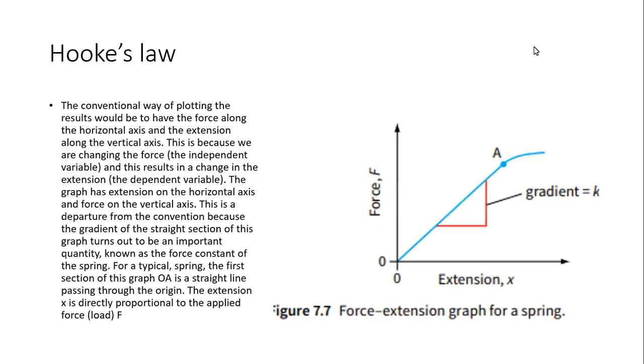Yeah, okay, good points. So Hooke's law basically says that the force and extension are directly proportional to each other up till the limit of proportionality, or up till the elastic limit.